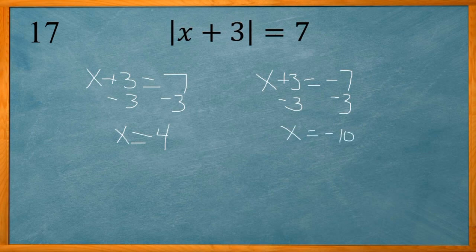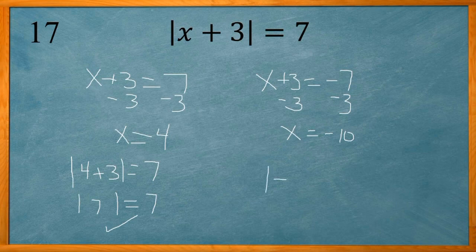All right, so let's try both of those out. If x is 4, the absolute value of 4 plus 3 equals 7. The absolute value of 7 is 7, so that works out. Give that a little check mark there. Here, if I insert negative 10 plus 3, the absolute value of negative 10 plus 3 equals 7.